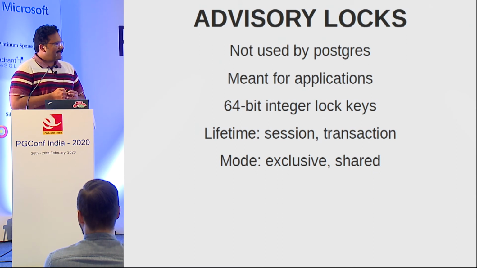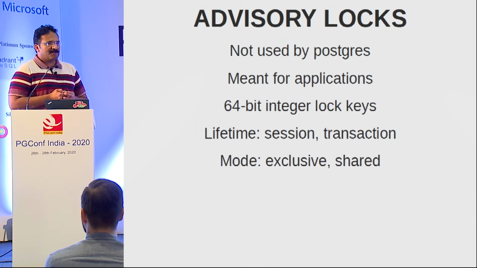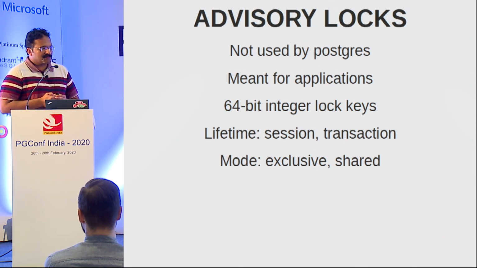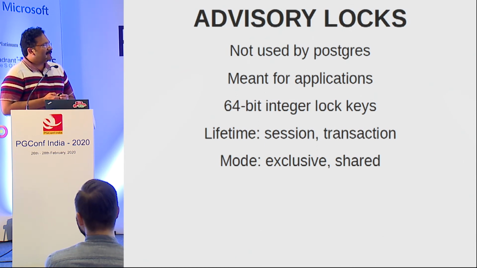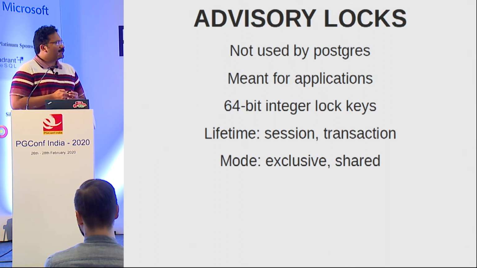But they do show up in pg_locks, which is useful to figure out if there are locking problems in your application that you need to analyze. And the other difference is the interface by which you interact with advisory locks is a bunch of functions that you call, which we'll look at.